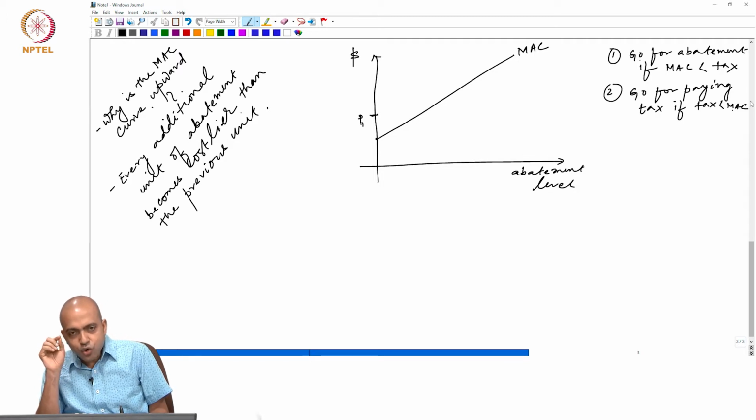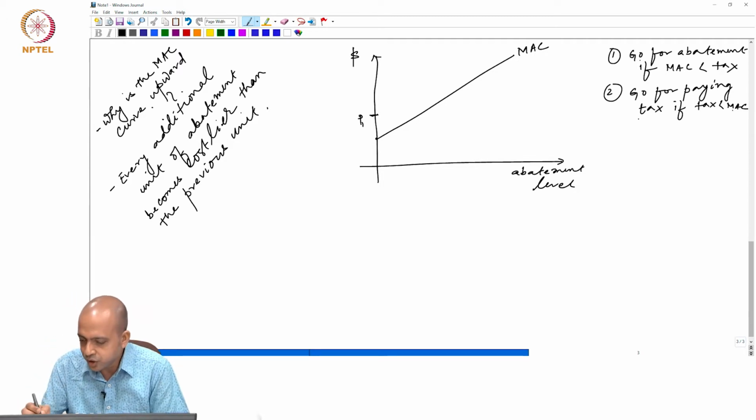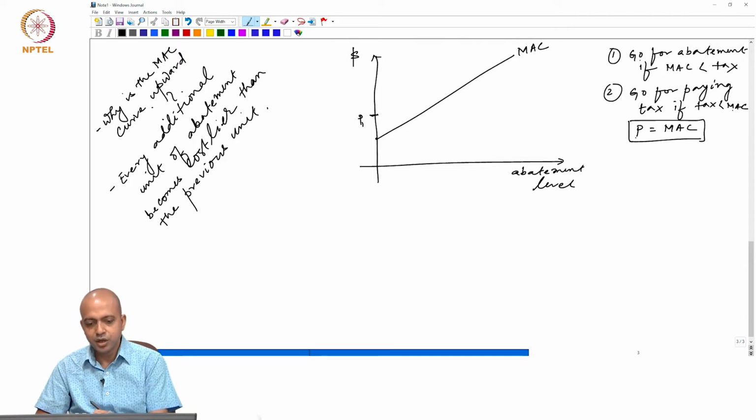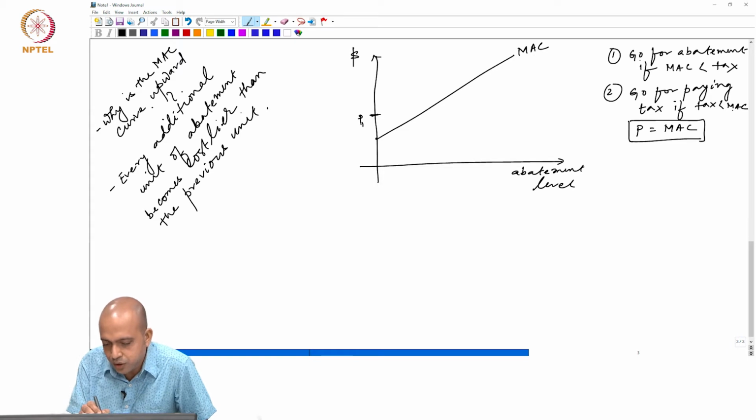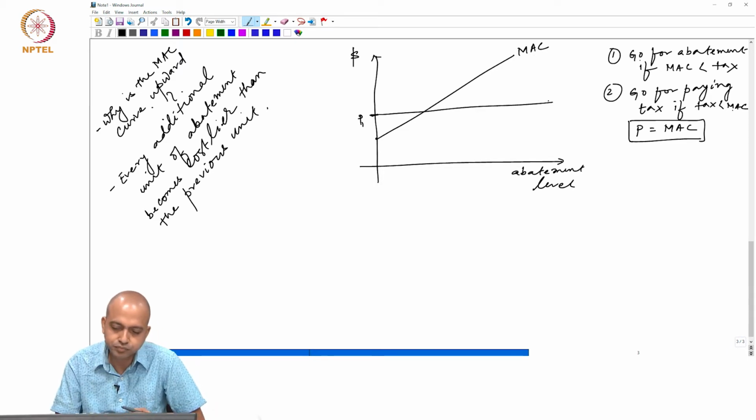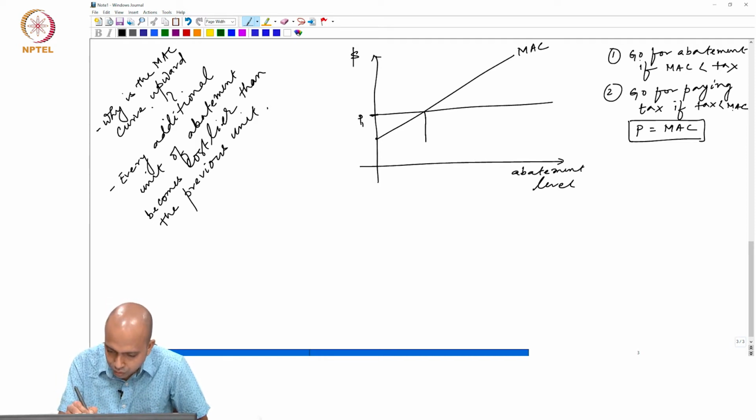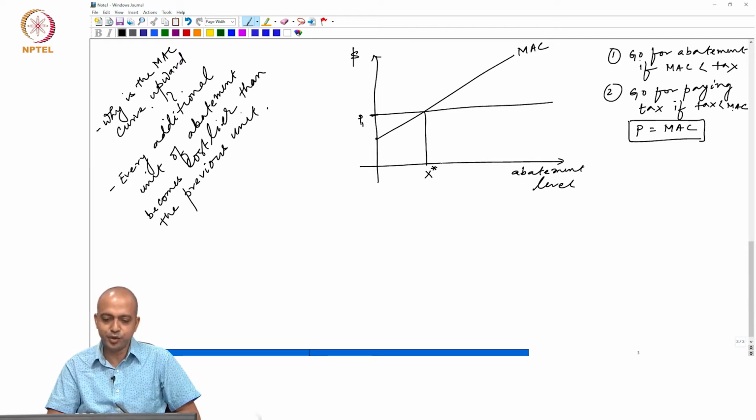Okay? So, that means optimality is achieved when this P is actually equal to the MAC. That gives the optimum level of abatement. So, you have to simply equate this, and let us say that X star is the optimum level of abatement by equating P equals to MC.